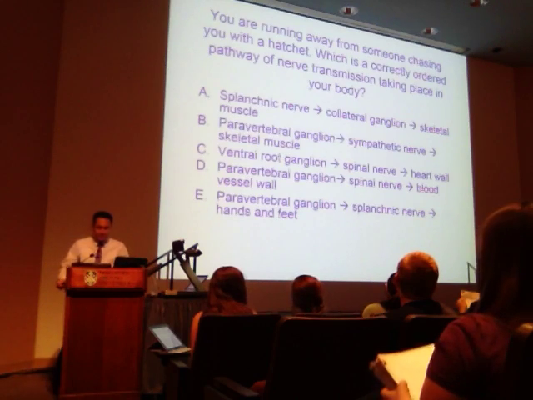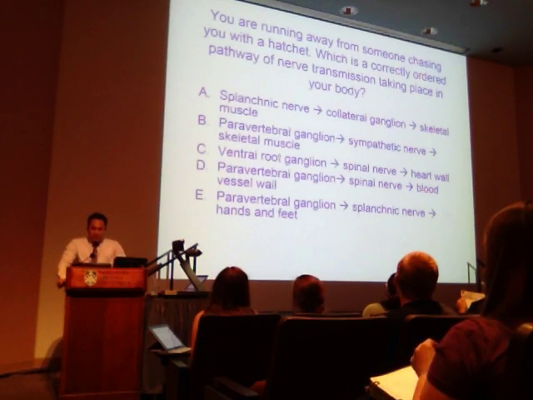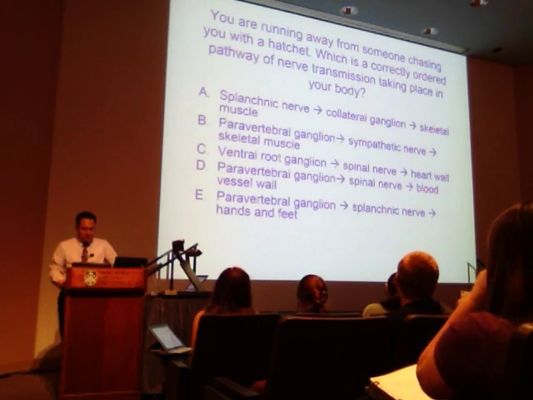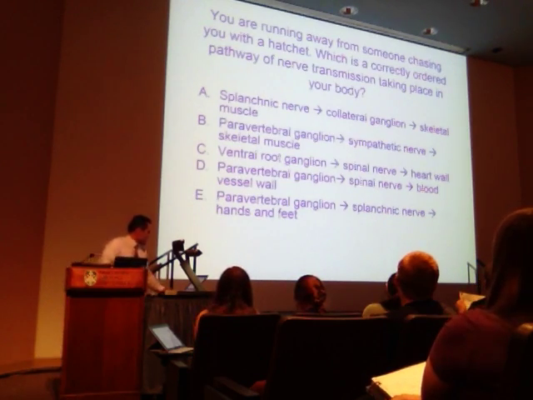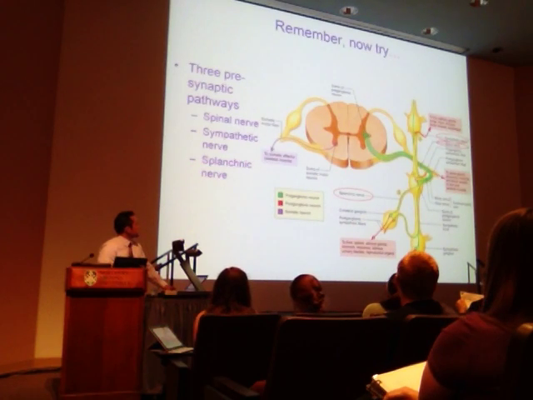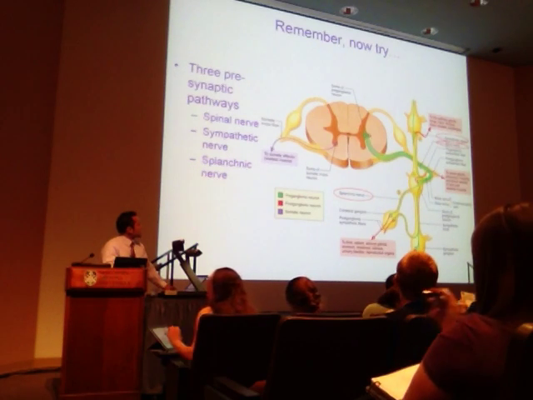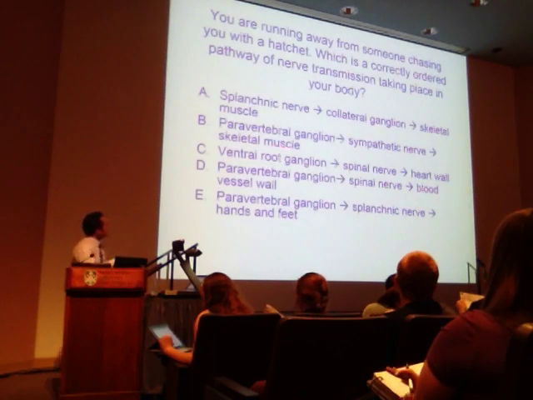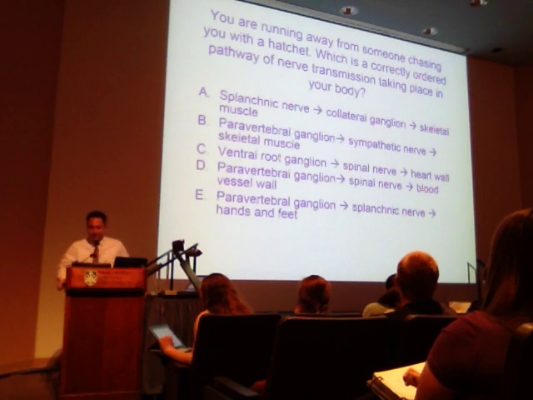Okay, let's look at B. Sympathetic nerve, paravertebral ganglion to the sympathetic nerve to skeletal muscle. Does the sympathetic nerve go to skeletal muscle? Where does it go? Heart, thoracic region, salivary glands, lungs. Okay, so this isn't correct. C, ventral root ganglion to the spinal nerve to the heart wall.